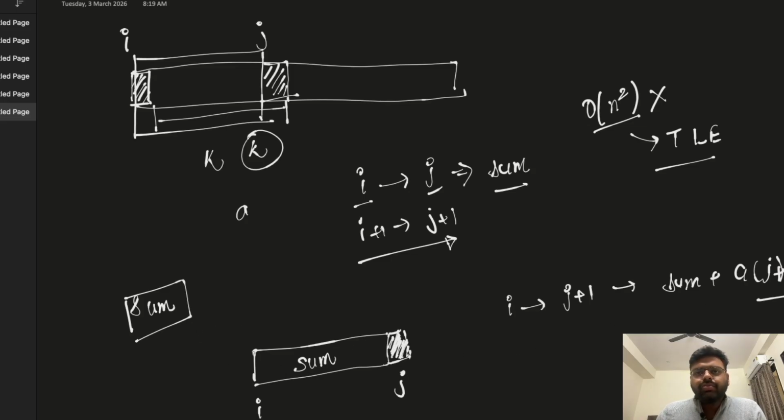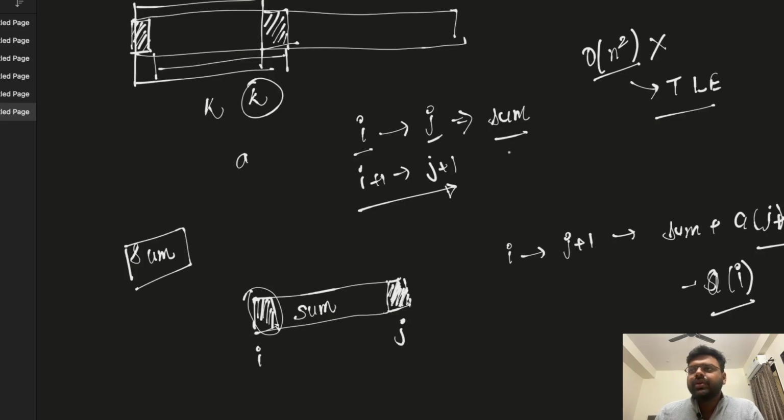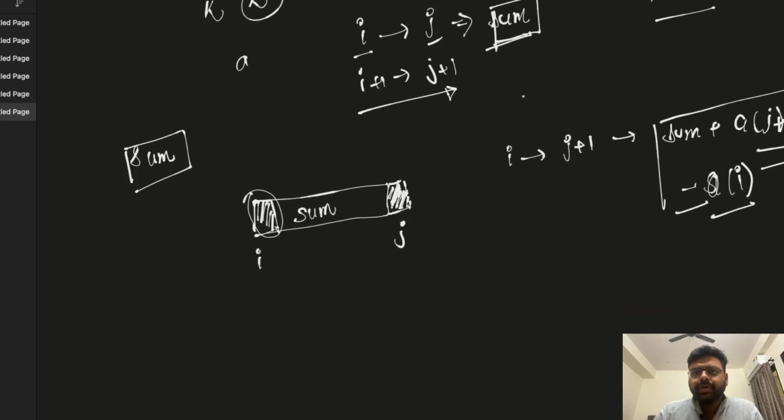Now I have to remove this particular element as well, so I have to subtract this value, which would be minus a of i. Yes or no? You can assume 0-based or 1-based indexing accordingly, I'm just giving you the idea of how optimally we can find the sum of the next window, knowing the sum of the previous window. So now the code would be very simple.